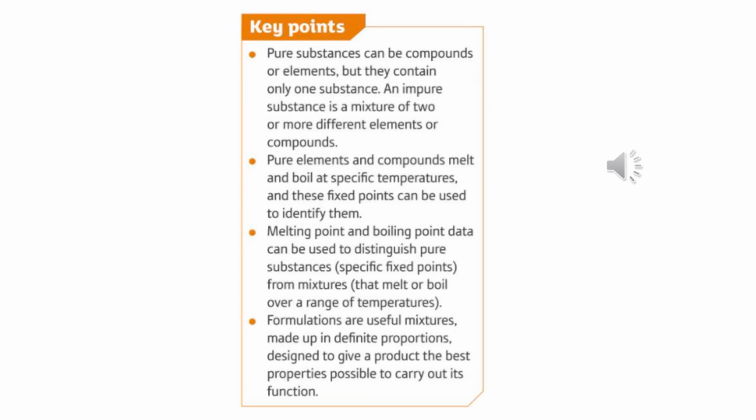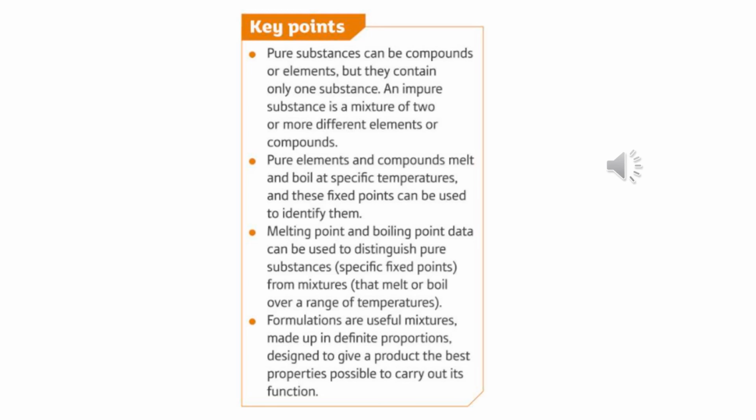Right, on this slide, I've listed some key points to summarize today's lesson. Key point number 1, pure substances can be compounds or elements, but they contain only one substance. An impure substance is a mixture of 2 or more different elements or compounds. Point number 2, pure elements and compounds melt and boil at specific temperatures, and these fixed points can be used to identify them.